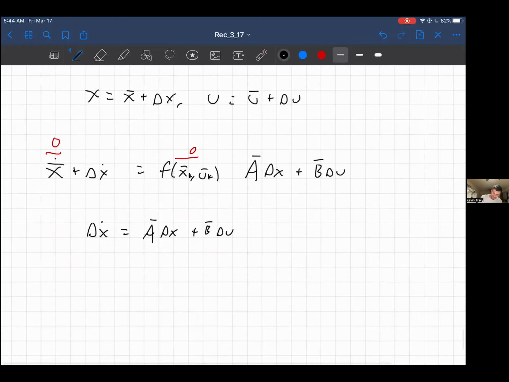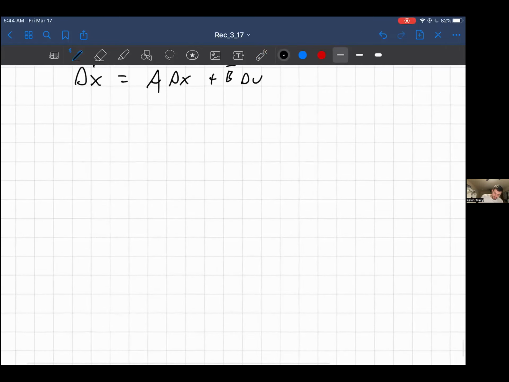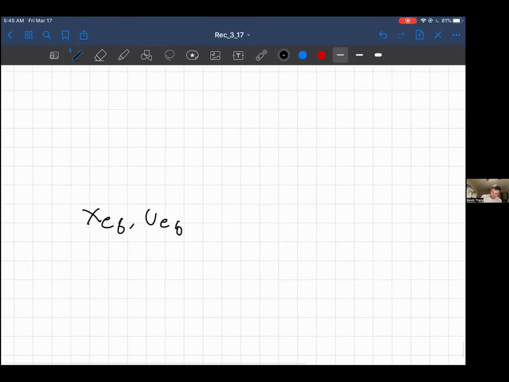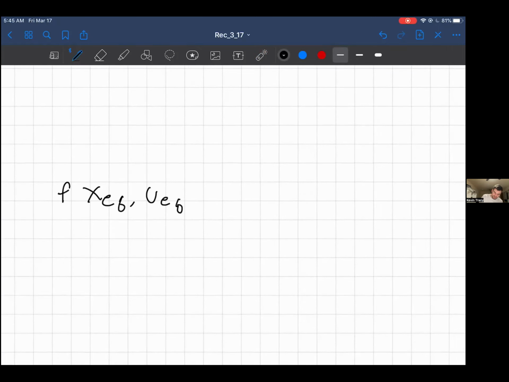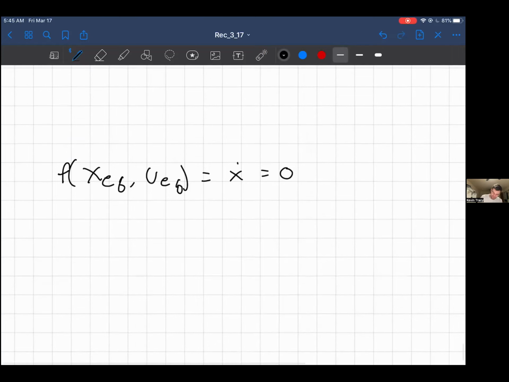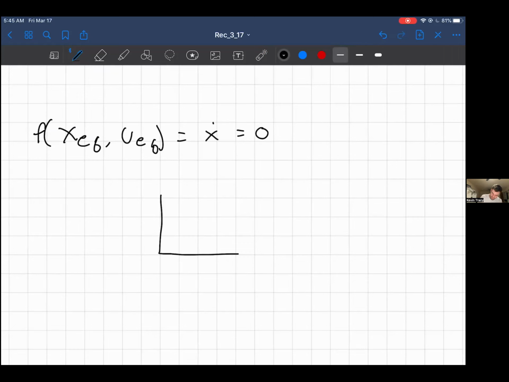And so let me spell this out. If I'm at some equilibrium x eq, u eq, what I'm saying is that the derivative is 0. So for the cart pole, I'm up here, the derivative is 0. That means that from the time step perspective, if I look at t plus 1, here's x.